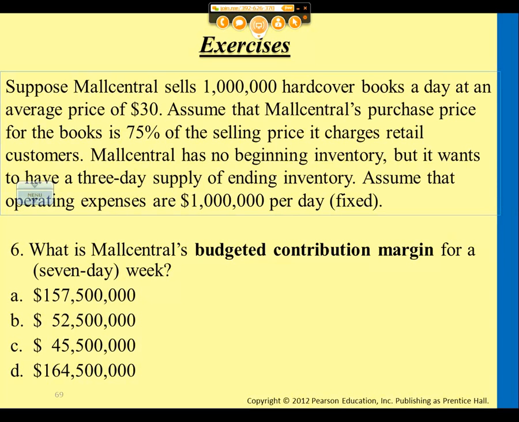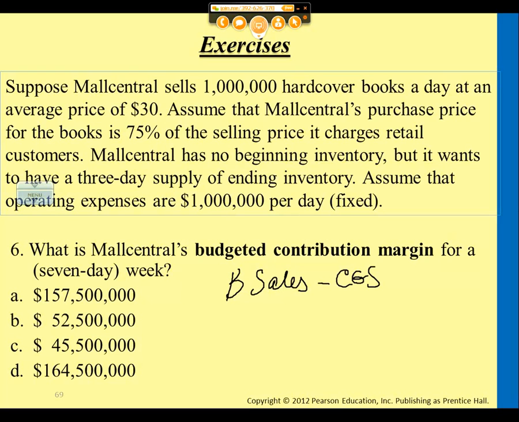Okay, so we have cost of goods sold, and we have our sales, but we are going to say it's budgeted sales, right? Budgeted sales minus... Okay. So let's calculate this. What is our budgeted sales?